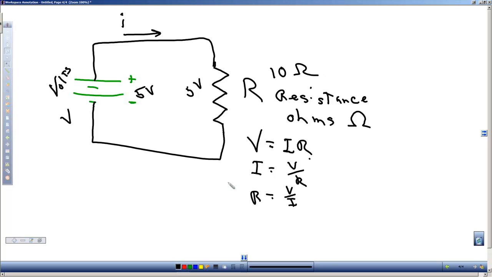So we need to find the current I, so the current I is going to be the voltage over the resistance, and the voltage is equal to 5 volts. The resistance is 10 ohms. And if we do that, that would be 0.5 amps. The value of current is represented in amps. Amps, that's short for amperes.